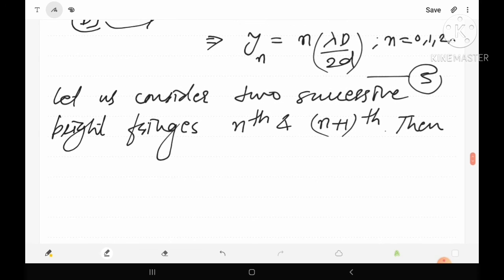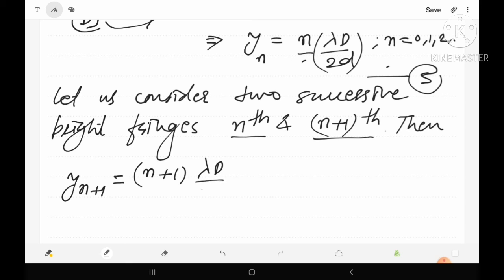Then the position of the nth fringe is given by equation number 5, and the position of the n plus 1th fringe will be given as yn plus 1 is equal to, in place of n we substitute n plus 1, and the remaining terms are constant, lambda D upon 2 small d.